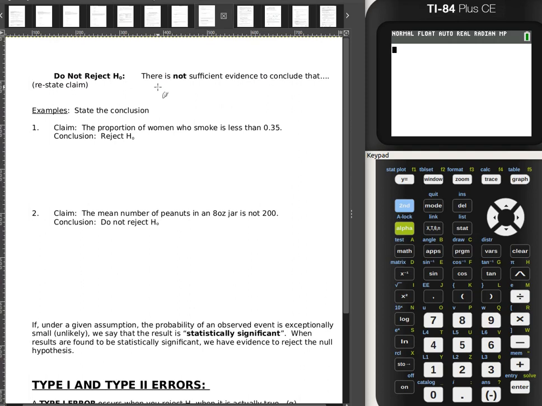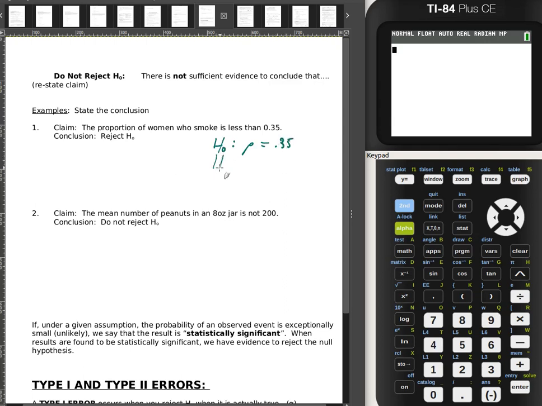We go through our whole test, we take a sample, we use our calculator, and so on and so forth, and we will be talking about, in this case, the claim. We're testing the claim whether the proportion of women who smoke is less than 0.35. So the null hypothesis should be that the proportion is equal to 0.35.